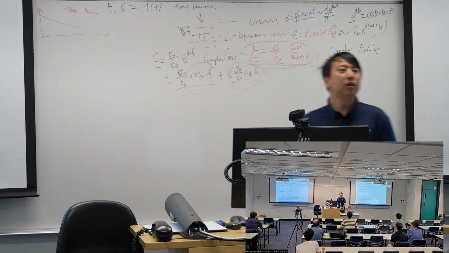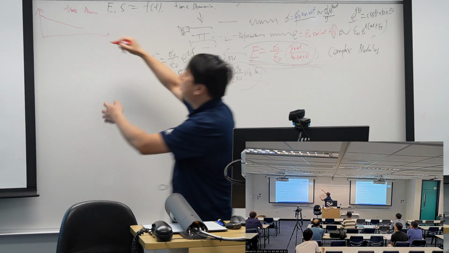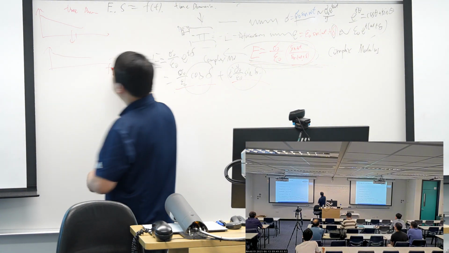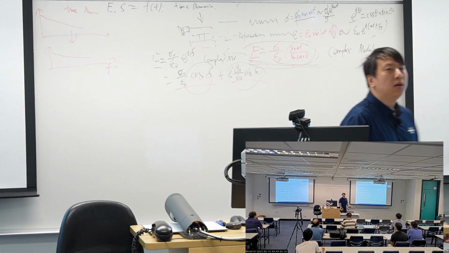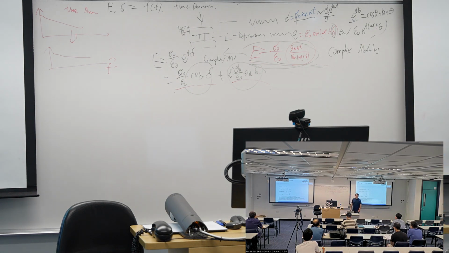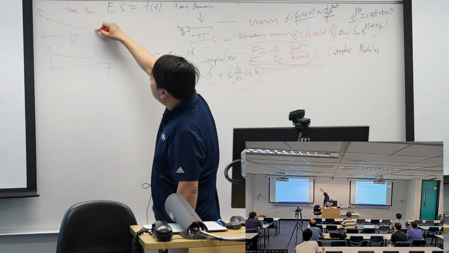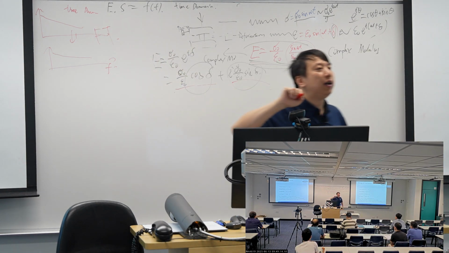And our idea is we may want to change the time domain stuff to a frequency domain. And the easiest and most widely used way to do this is the Fourier transformation.